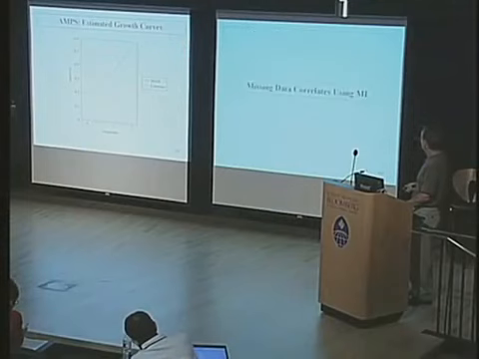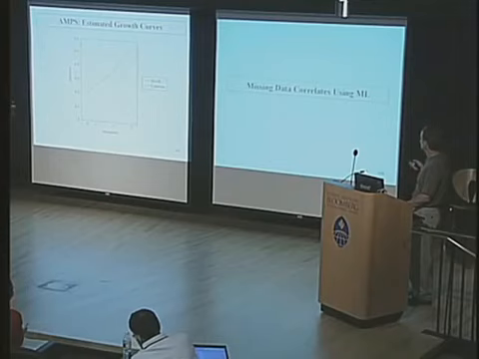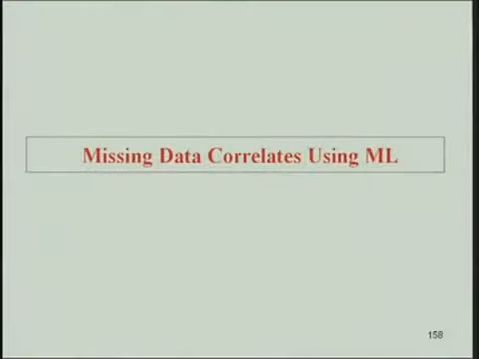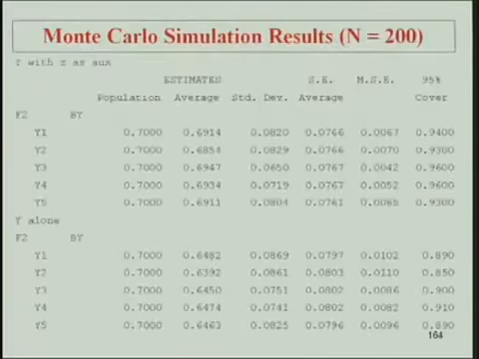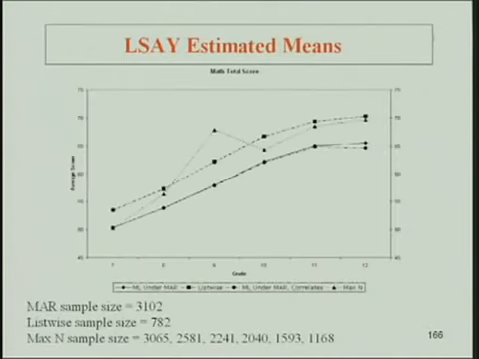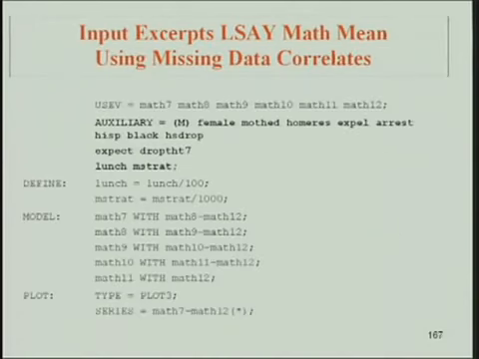Now, on slide 158 starts the missing data correlates using ML section, for which we have an Mplus web talk to go to instead. I already alluded to it, and all I will do is to say that slide 167 is an example of using the missing data correlates approach to the LSA data.